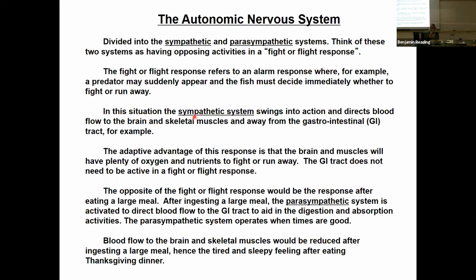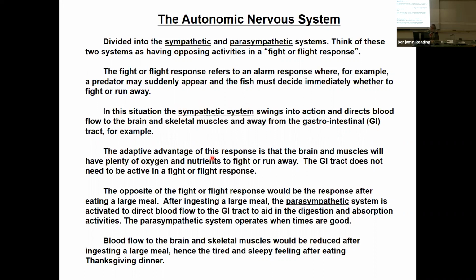In this situation, the sympathetic system swings into action and, for instance, would direct blood flow to the brain and skeletal muscles, because if you're trying to avoid a predator, you need to swim, and that's your muscles doing that, and your brain needs to find an escape route. You really don't need to be digesting food at that time. So, for instance, we might borrow blood from the GI system and send it here. This is one nervous action.